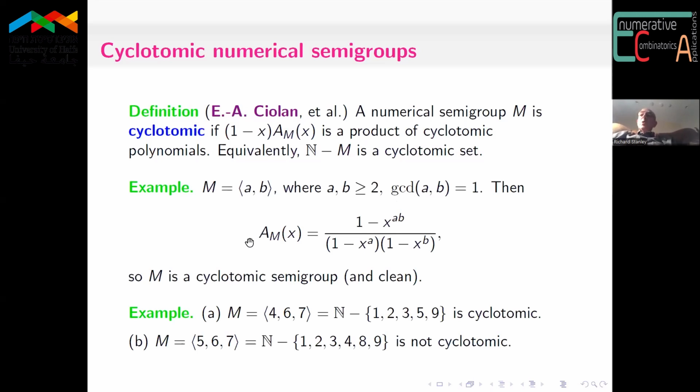Then one can compute the generating function for the elements of M, in this very simple form: 1 over x to the ab times (1 minus x to the ab) over (1 minus x to the a)(1 minus x to the b). Of course, well, this is of the form of a product of 1 minus x to the a_i's, where a_i is some integer. So that means M is a cyclotomic semigroup. Or in other words, these factors are products of cyclotomic polynomials.